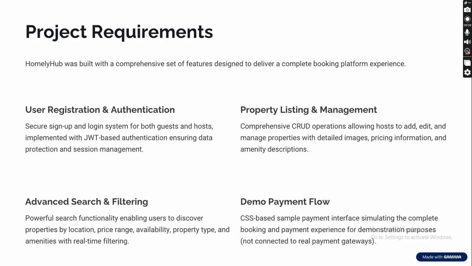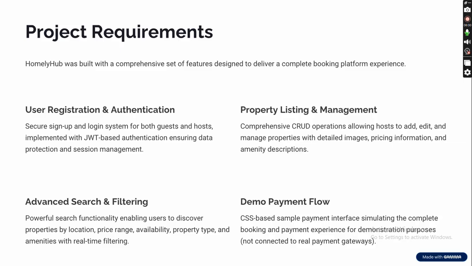In property listing, the hosts can upload property details, which are images, pricing, location, amenities, and descriptions of the property. There are comprehensive CRUD operations allowing hosts to add, edit, and manage properties with detailed images.